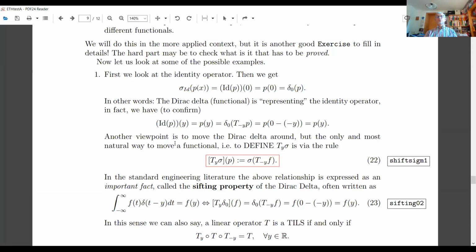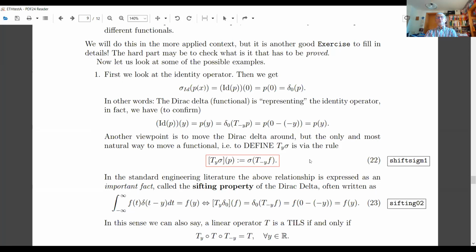Another definition, of course, would be, well, we define, and we will see that this is the only consistent prolongation of a shift operator from ordinary functions to generalized functions. But this is a bit far away, but the usual operation would be, I define abstractly at the moment a shift operator also to functionals. And it's suggested by the simple functionals that we get by integration that one should define it in this way.